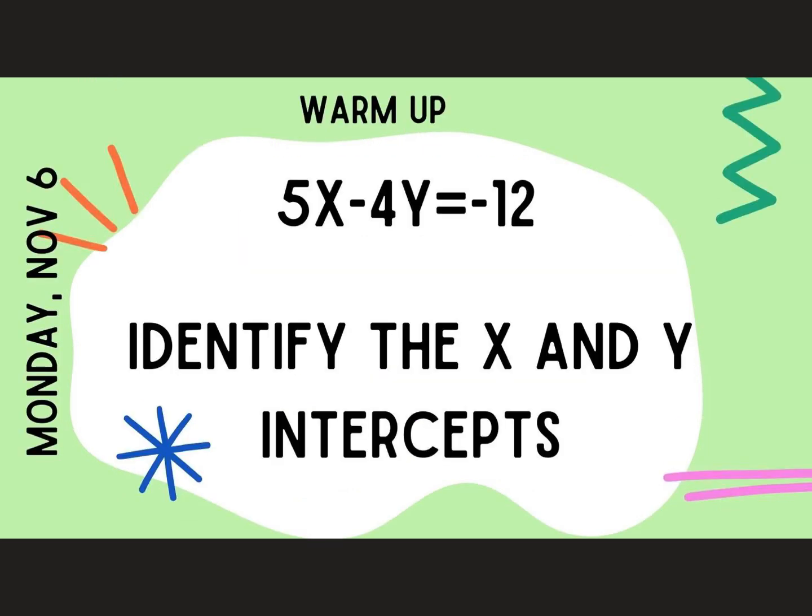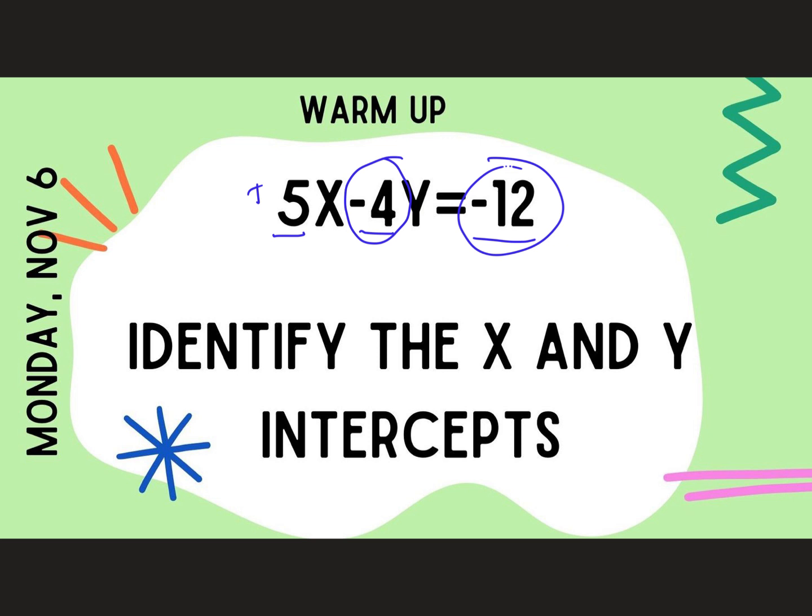So this was our warm-up that day, and let's just remember, why do we use standard form? Well, as I said, standard form is a great form to find our x and our y intercepts. Here we have standard form. A value is a whole number, b value is a whole number, c value is a whole number. A is positive. It does not matter that our b value and our c value are both negative numbers.